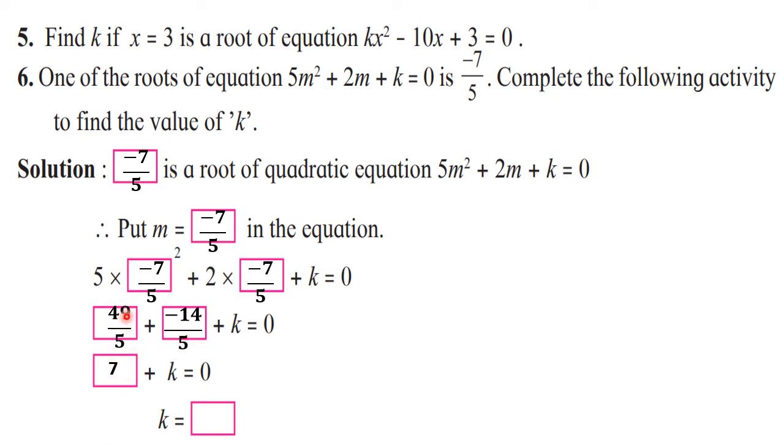See, 49 minus 14 is 35 and 35 divided by 5, that is 7. And from that we can write down the value of k as minus 7. See, this plus 7 is shifted to the right hand side. So it became minus 7. Okay. So this way you are going to complete the activity.